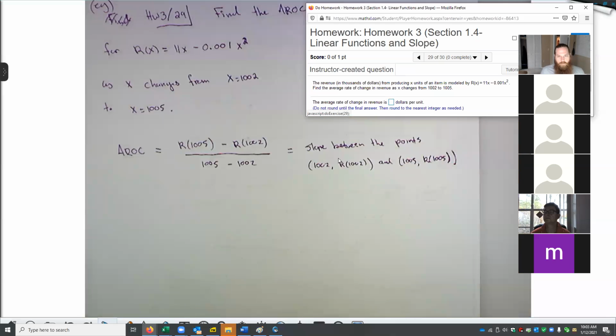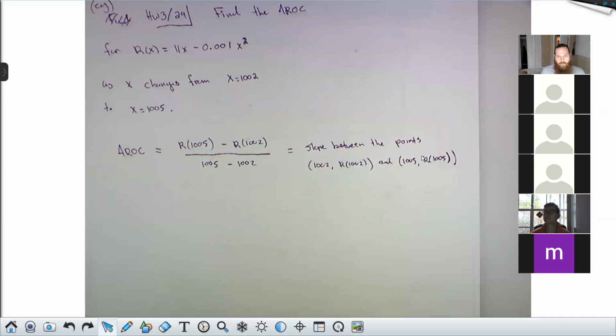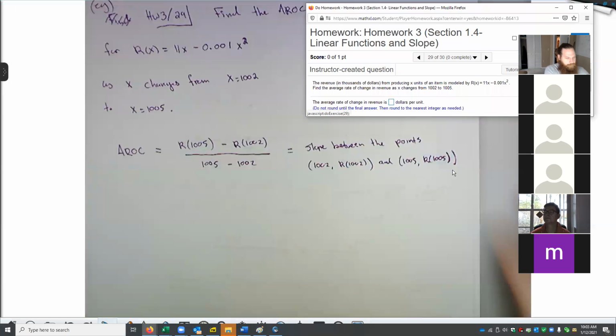So clearly what I need is these numbers, R of 1002 and R of 1005. However you choose to think about it, as coming from this formula or thinking of it as the slope between these points, we need to know what is R of 1002, what is R of 1005.